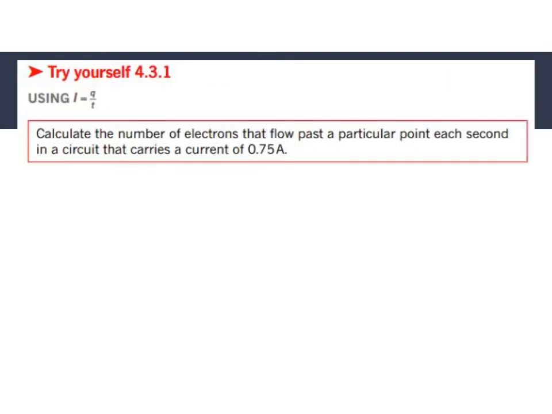So very similar to the last example, we want to work out the total number of electrons. And so I'm going to use a different formula here. I might just change my pen color. I'm going to use the one I showed you that combines it all, and that was I equal to N, the number of electrons, times E, over time.